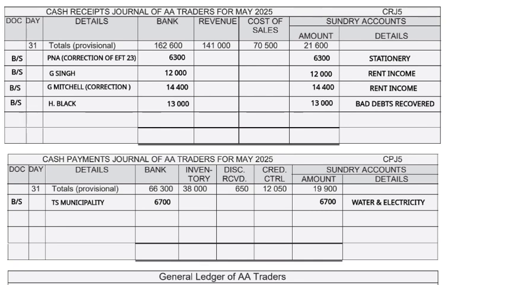So our document will be bank statement, our details will be OUTsurance, bank will be 3,300, sundries will be 3,300, and my details will be insurance. Now I've recorded this expense, so now my balance of my bank account will reconcile with my bank statement.